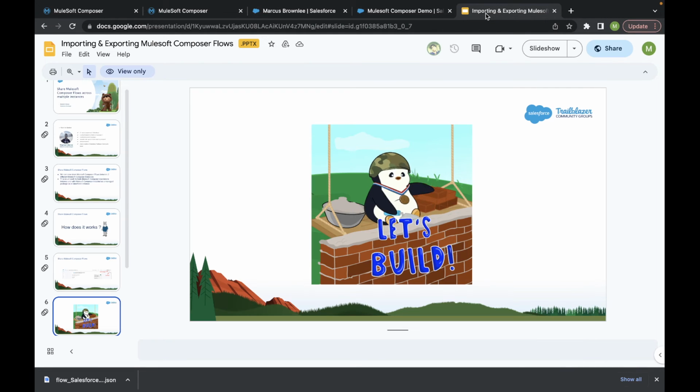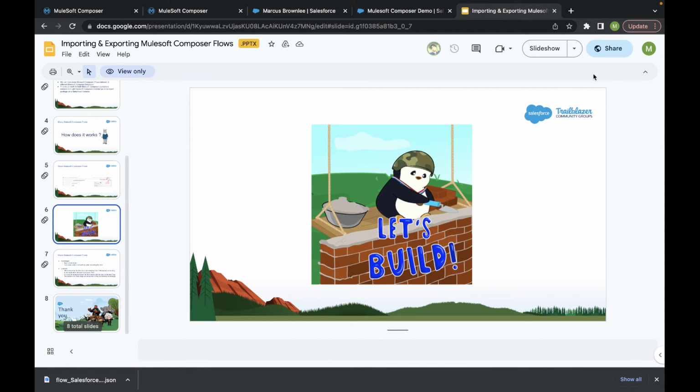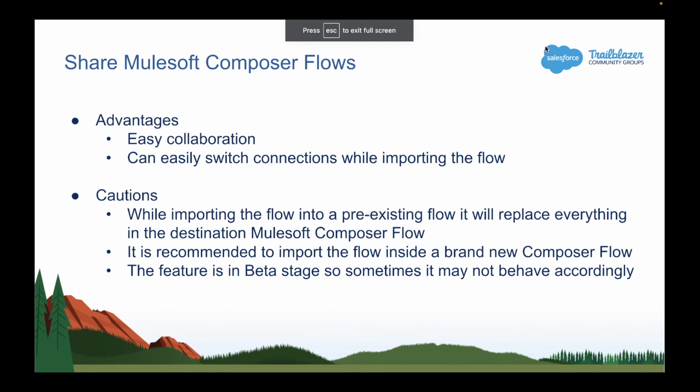So right now again there are a few considerations when you are using it. So there are advantages. The advantages are easy collaboration, right? We can share MuleSoft composer flow across different instances. This would also help you collaborate, and you don't have to necessarily redo the same task again and again.